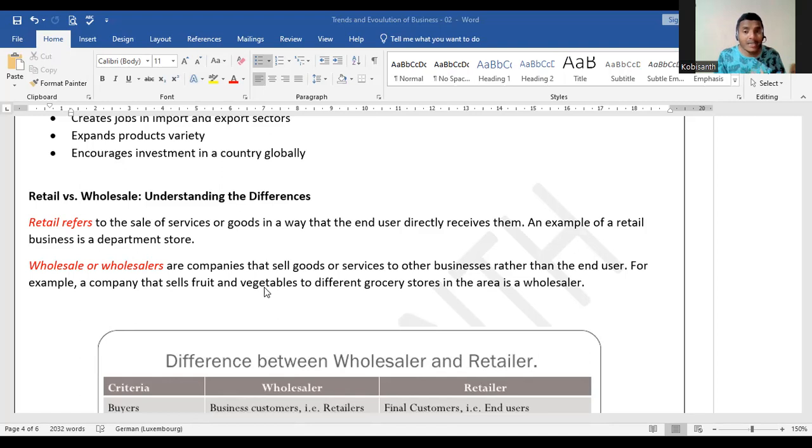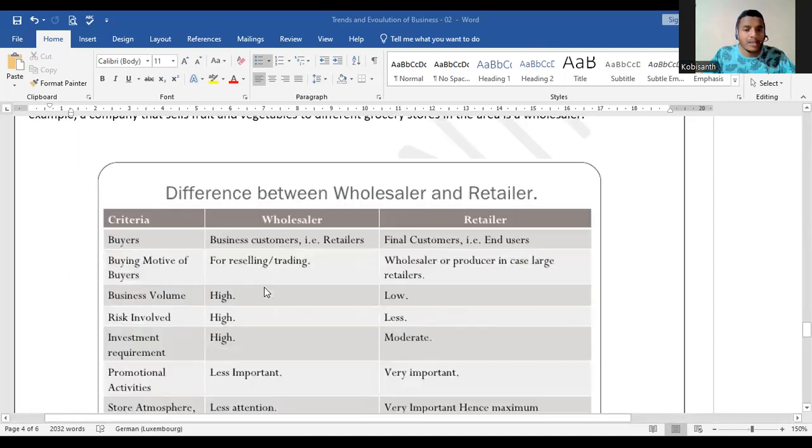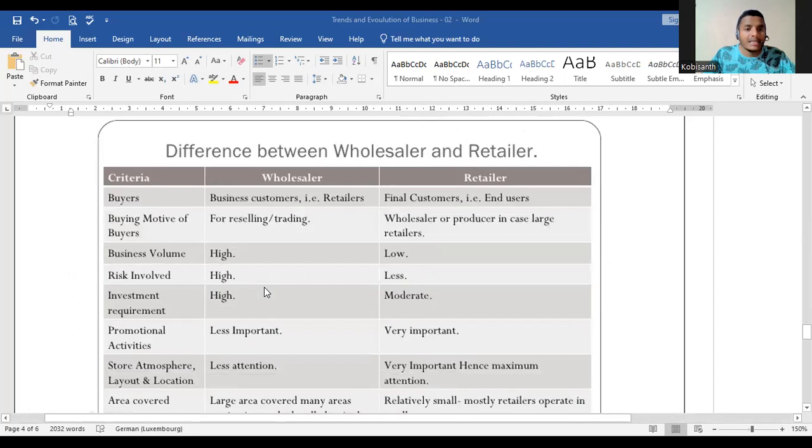So the intention is very clear. It's not directly to the end user, it is with the intention of reselling to an end user. So you understand the difference. So please make sure you take down notes on this and list down some examples. So what is retail and what is wholesale? So I have given you some of the differences between wholesale and retail.